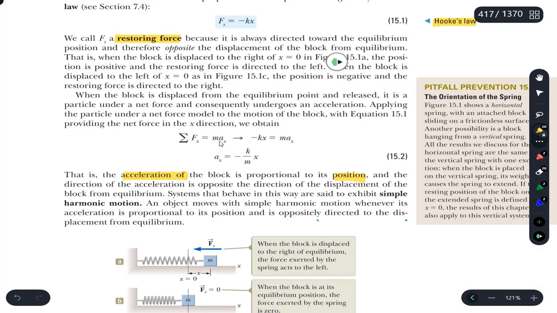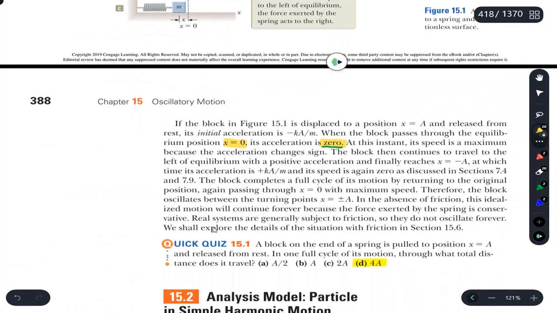To get this, ma is equivalent to negative kx from Hooke's law, the force. Then rearrange, and you find the acceleration depends on the displacement or position. So you find that a keeps changing in value.